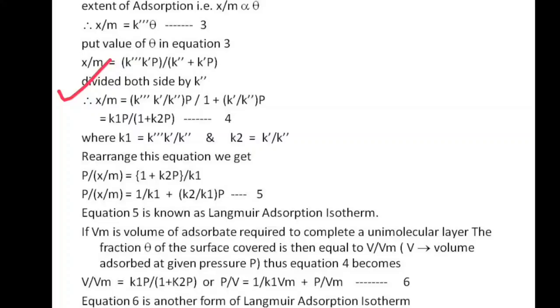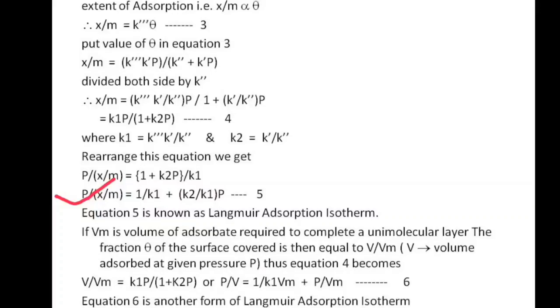Now divide both sides by K double dash, and you get an equation like this. Then let us suppose that K1 is equal to K triple dash into K dash divided by K double dash, and K2 is equal to K dash upon K double dash. Rearrange this equation, and we get an equation like this. Then rearranging again, you get equation number 5.